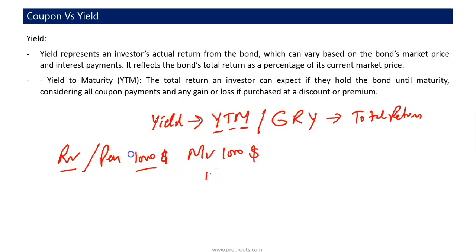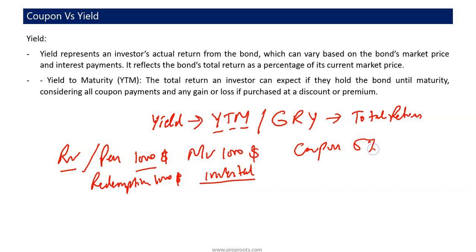So that means you have invested 1,000 and you will get back 1,000. So in that case, the coupon is 5%, and the yield will also be equal to 5%. So in this case, coupon and yield will be equal, will be the same.